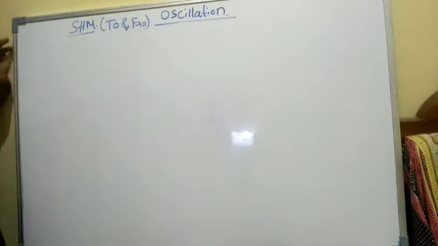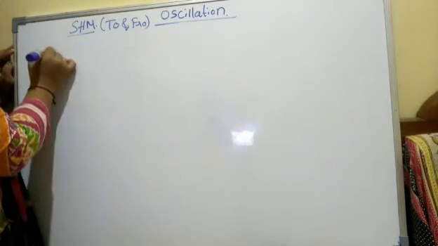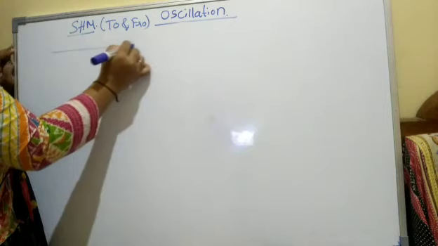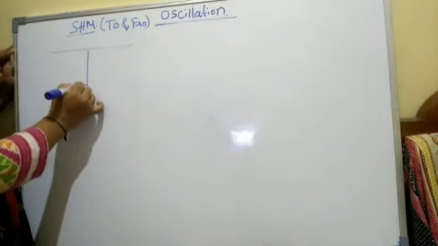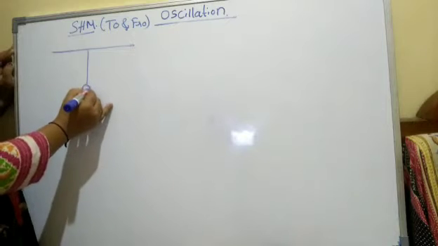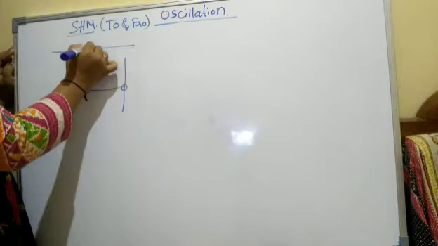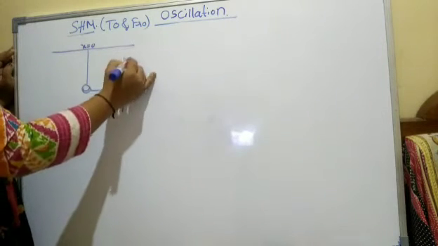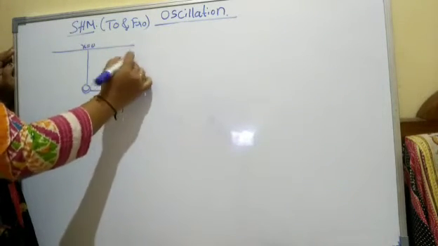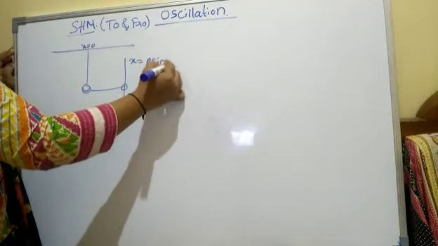As I said here, it is not compulsory that the particle has to show the displacement from the mean position only. So as it is moving to the extreme position from the mean position, we know that x is equal to, for the positive direction, a sine omega t here.